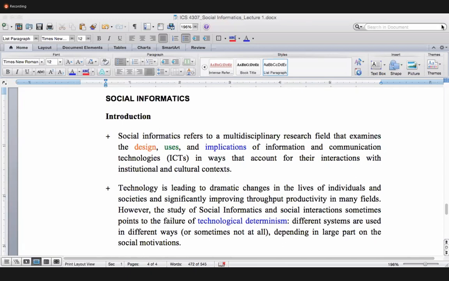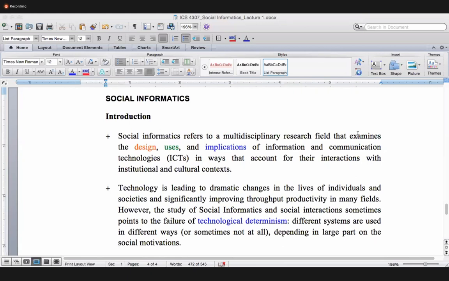So we start that social informatics really, as put there, is a multidisciplinary research field. It's multidisciplinary in the sense that it touches on a number of disciplines. And when we talk about discipline, that means we are talking about both the computing field, where you are, and also other fields like sociology, all those disciplines that touch on human beings.